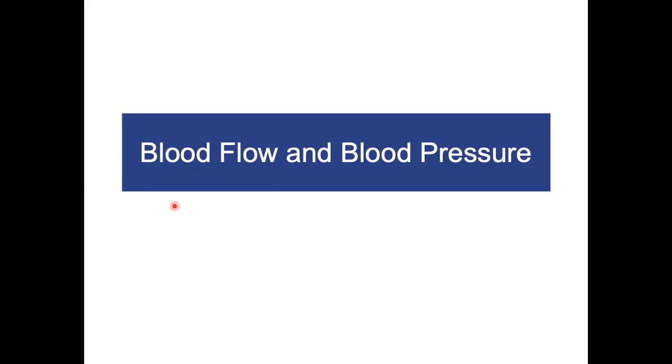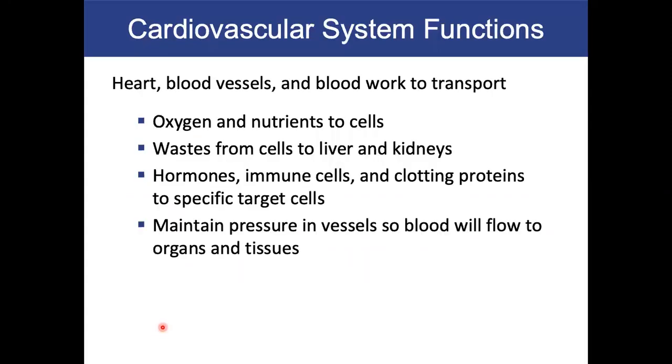Let's get into blood flow and blood pressure and pick up where we left off the last time we met. The cardiovascular system functions. So, what does the cardiovascular system do? Obviously, it's made up of the heart, blood vessels, and contains blood. They all work to transport oxygen and nutrients to cells and waste from cells to liver, kidneys, and lungs, right?